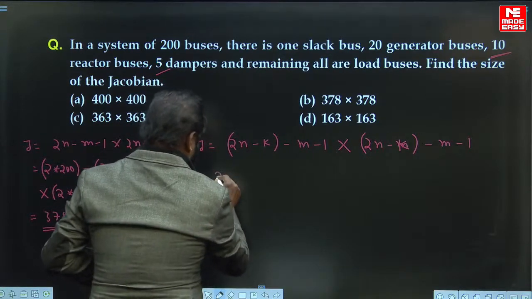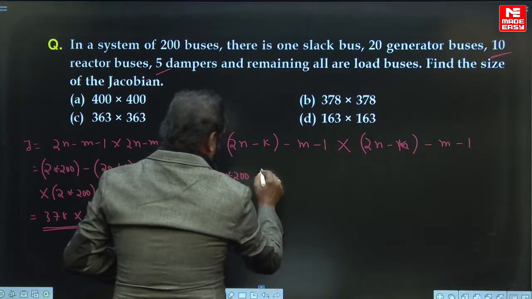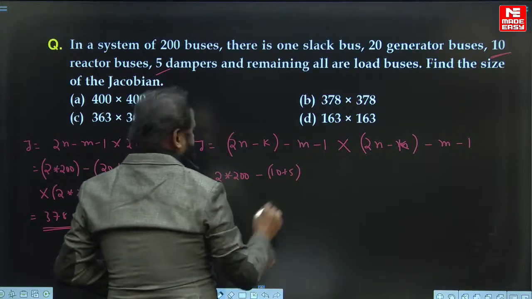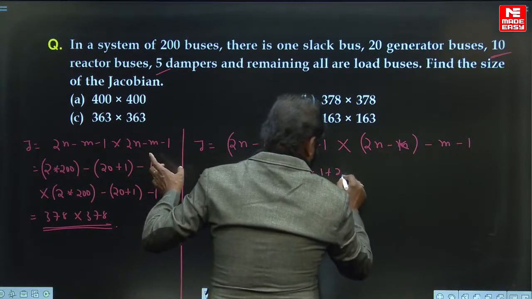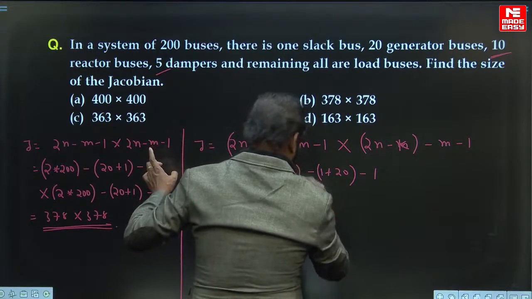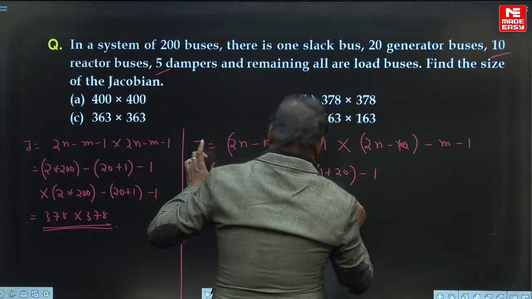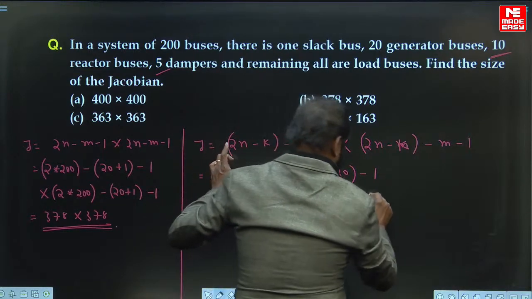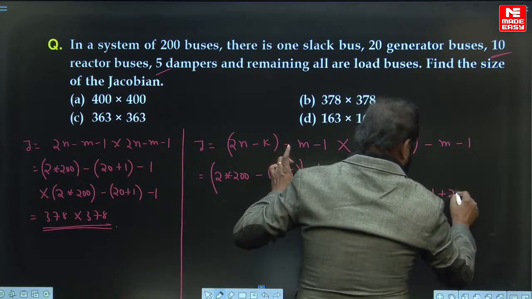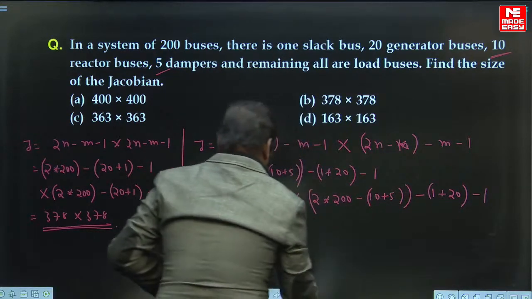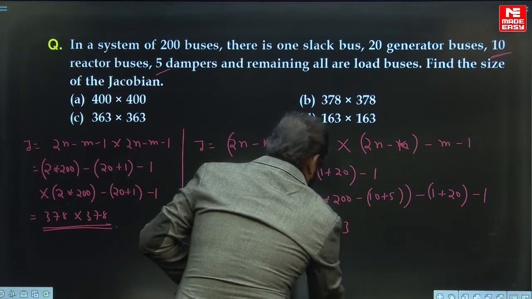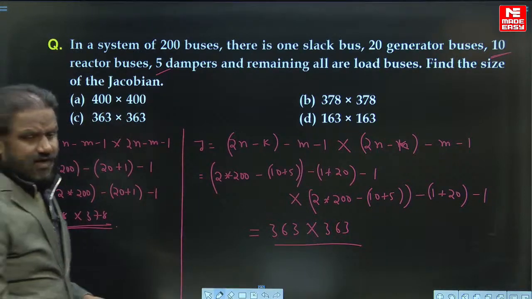Accordingly, this is 2 into 200 minus (10 plus 5) minus 1 plus 20 minus 1, cross 2 into 200 minus (10 plus 5) minus 1 plus 20 minus 1, that is equal to 363 cross 363.